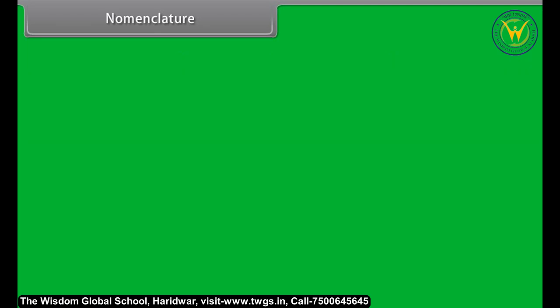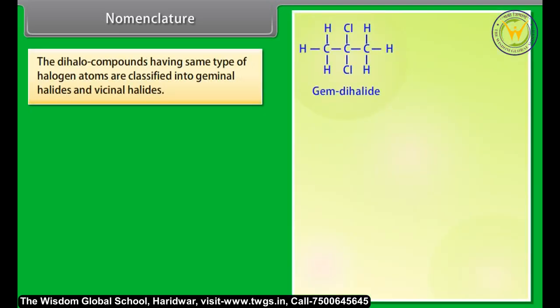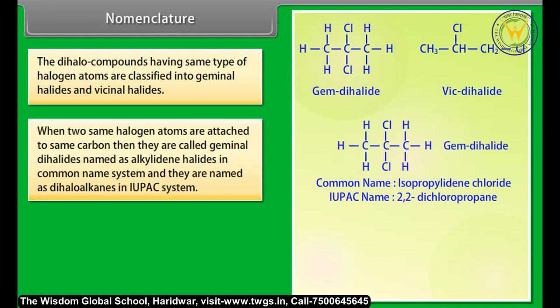Nomenclature. The dihalo compounds having the same type of halogen atoms are classified into geminal halides and vicinal halides. When two same halogen atoms are attached to the same carbon, they are called geminal dihalides, named as alkylidene halides in the common name system, and as dihaloalkanes in the IUPAC system.